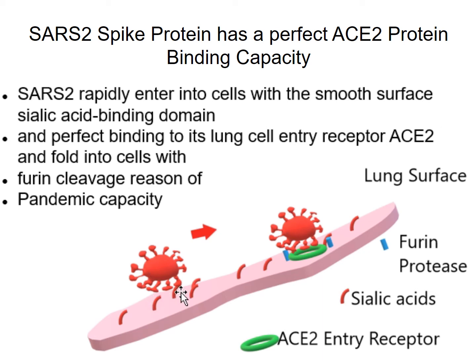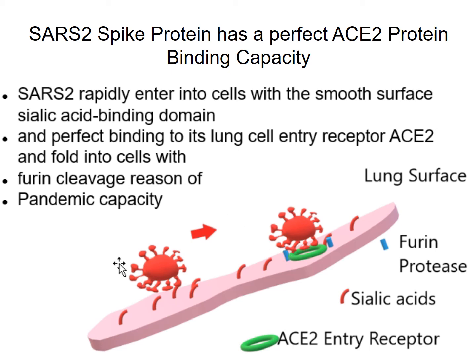So it's going on the surface very fast, and then finding its receptor, ACE2. It's an abundant protein on the lung surfaces, and also on the lung surface there is a lot of furin. It's a protease cutting the spike protein into two, cleaving the protein into two, so it enters the cell.